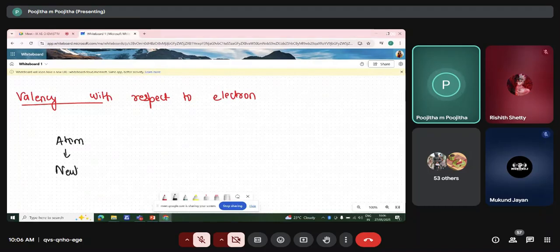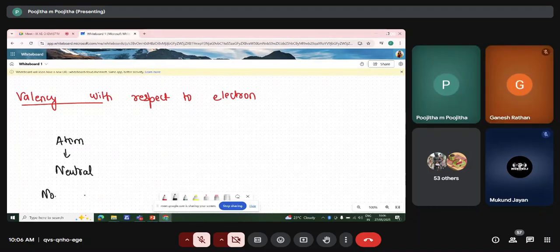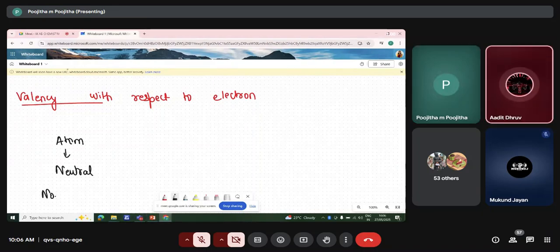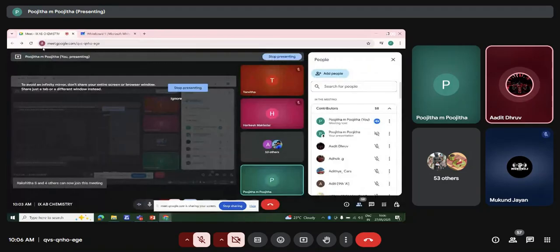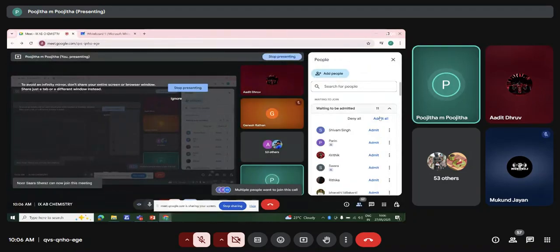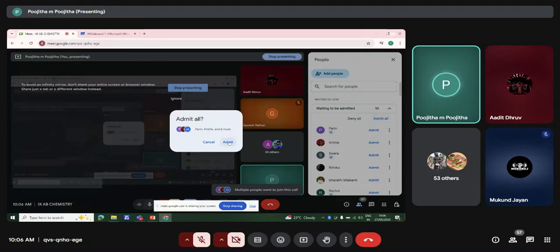So why is an atom neutral? Because Excuse me, ma'am. It has Ah. an equal. Excuse me, ma'am. yes. Ma'am, actually, there's a guy called Parin, ma'am. He's in queue, ma'am. He's just waiting. I can't see anyone here. No. Okay, wait. Thank you. Yes, ma'am.